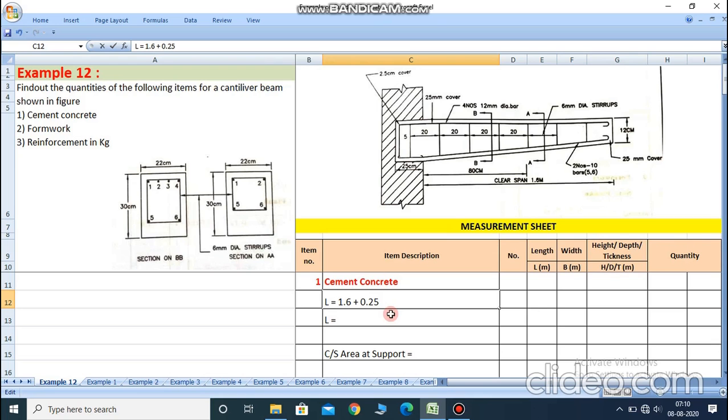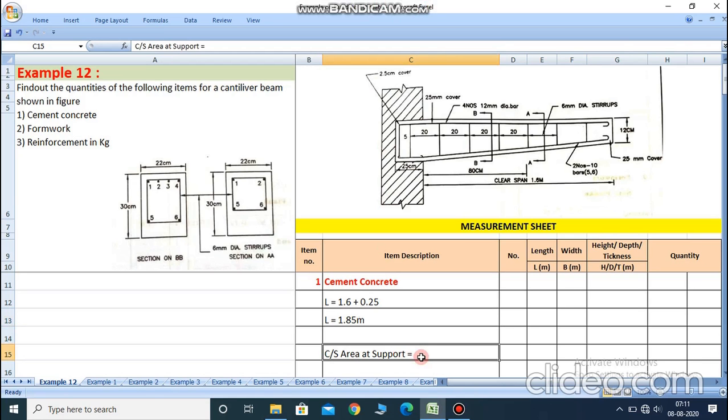It's the total length covered by the wall. So the total length is the summation of 1.6 plus 0.25, which is 1.85 meter.